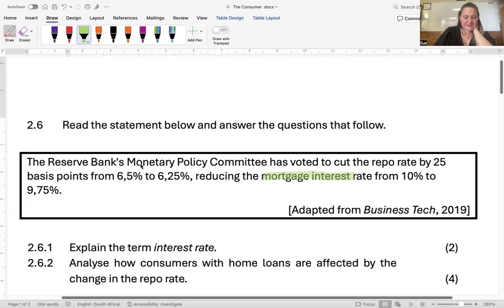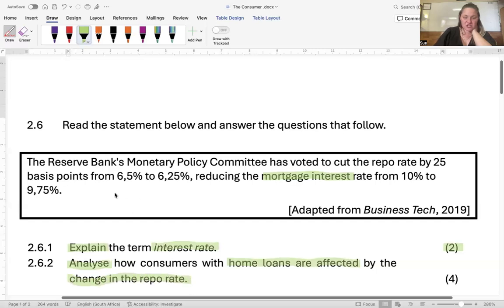Questions here says explain. So I'm going to underline or highlight, explain the term interest rate, and that is for 2 marks. We have to always look at mark allocation because that is an indication of how much we need to write in terms of facts. Then it says analyze how consumers with home loans are affected by the change in the repo rate.